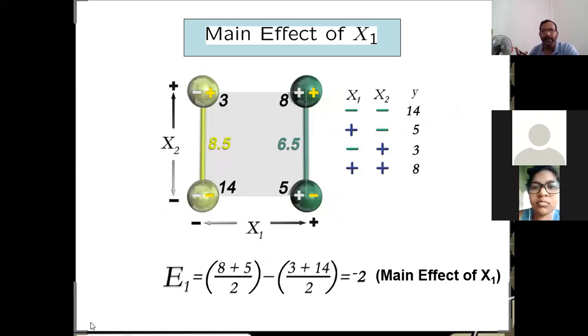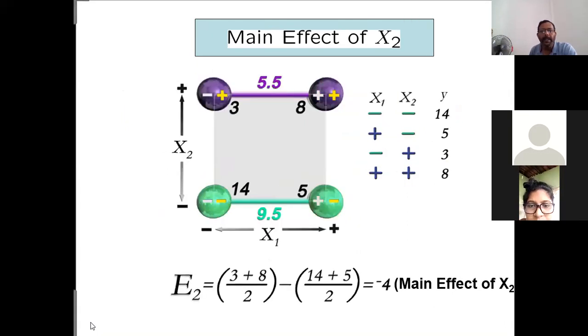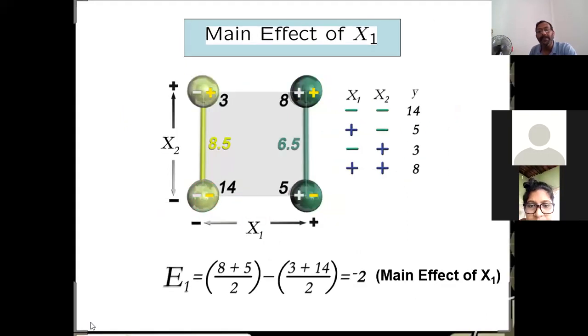Then we calculate the main effect of the second variable. So this is the main effect of the first variable. Any questions on that? So we will come up with the effect of the first variable, which is called main effect. So main effect of x1.